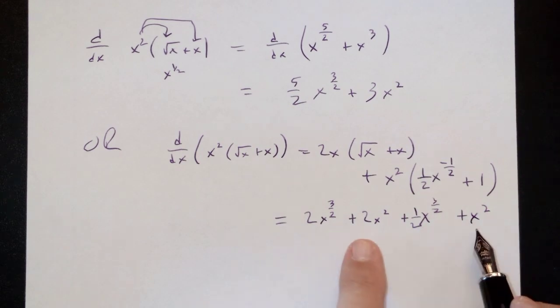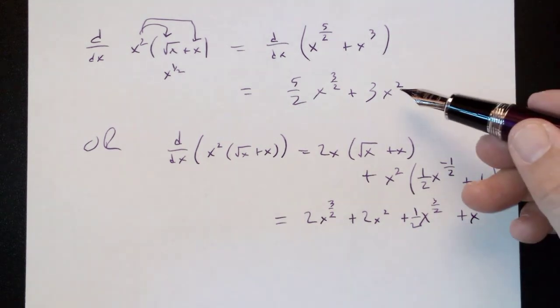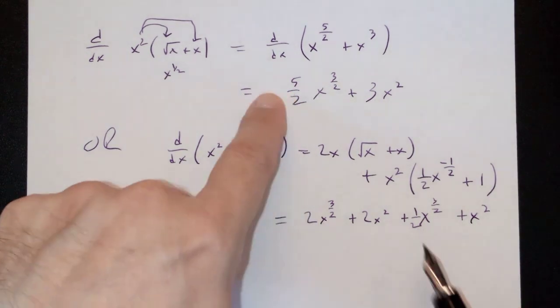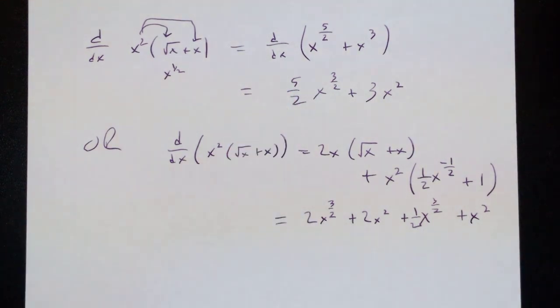How many x squareds do I have? How about that? And I have 2.5 of x to the 3/2. There it is. They match.